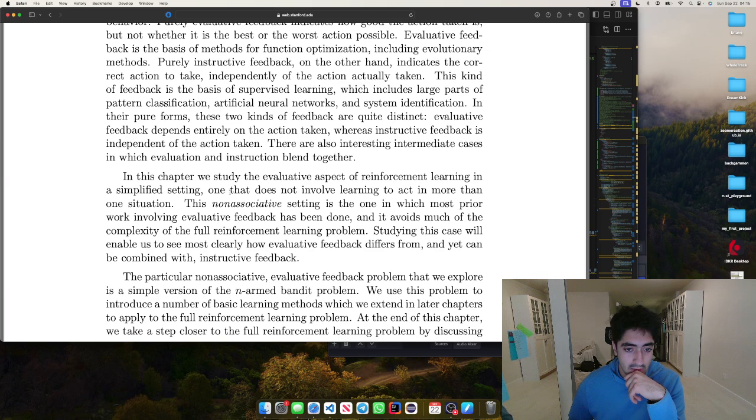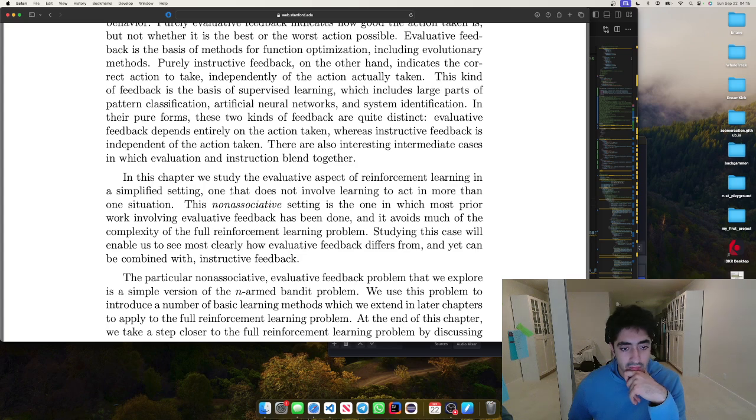The non-associative setting is the one in which most prior work involving evaluative feedback has been done, and it avoids much of the complexity of the full reinforcement learning problem.